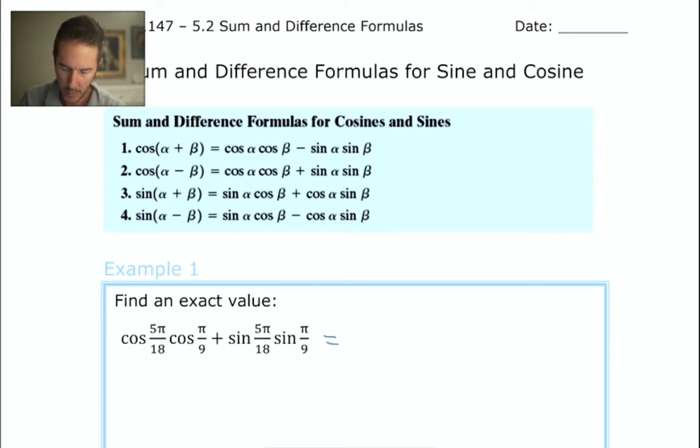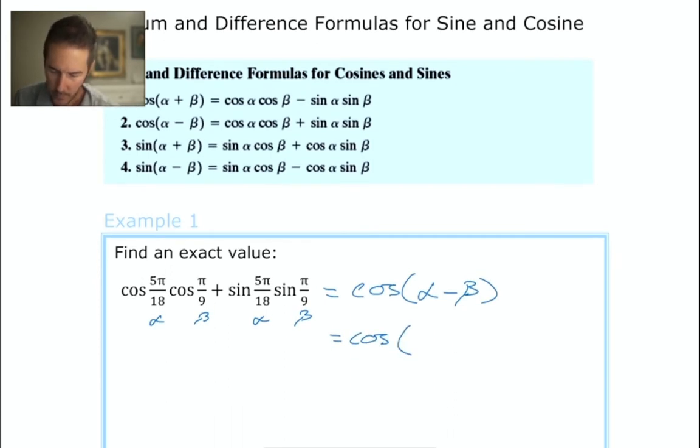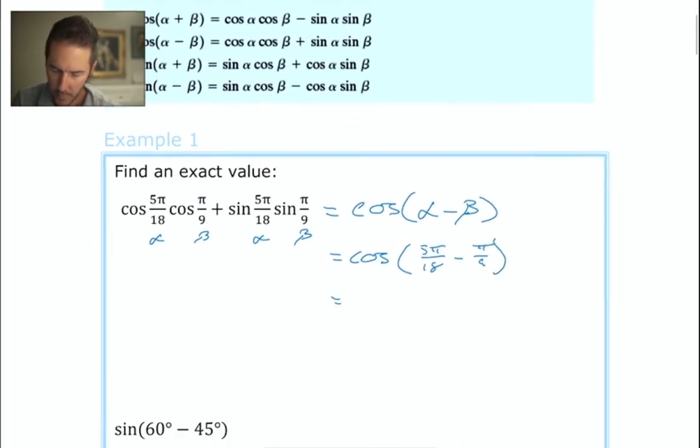If you want, you could label these as alpha and beta, and this is going to equal the cosine of alpha minus beta, which is equal to the cosine of 5 pi over 18 minus pi over 9. I will do a quick common denominator for us.